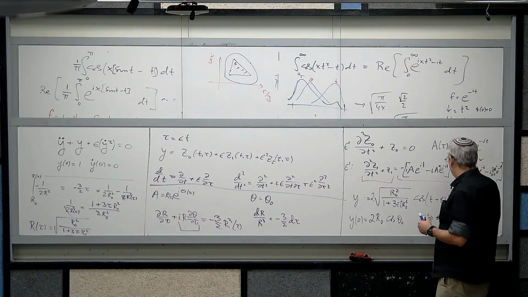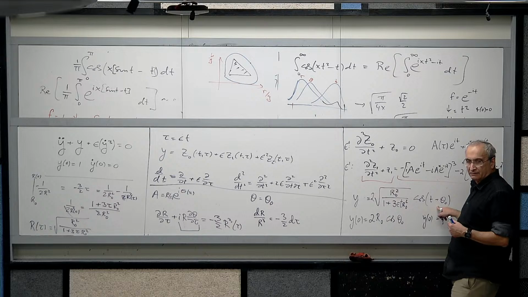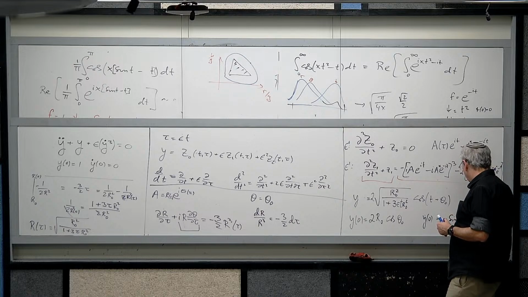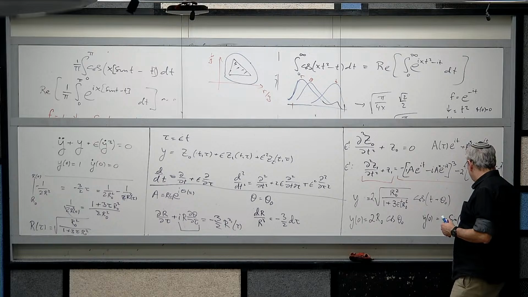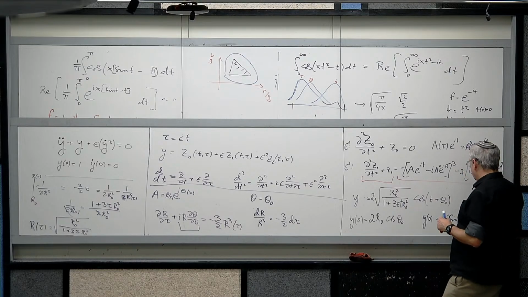First of all, I have the cosine. I can take the derivative of the cosine, so I will get minus sine of (t plus theta naught) times this square root times 2. And the square root is r naught squared divided by 1 plus 3 epsilon t r naught squared.